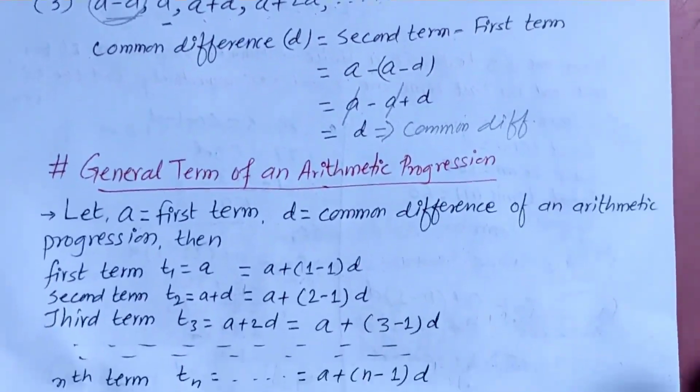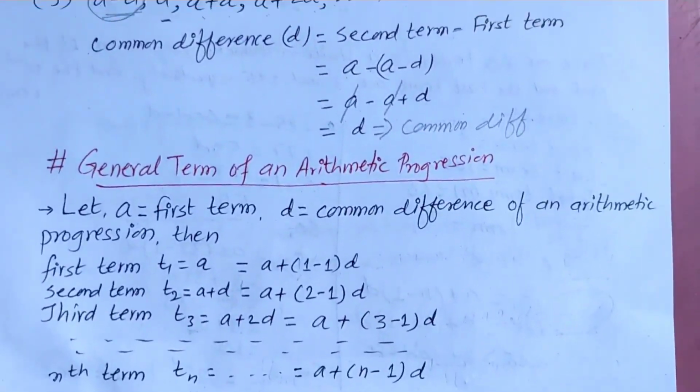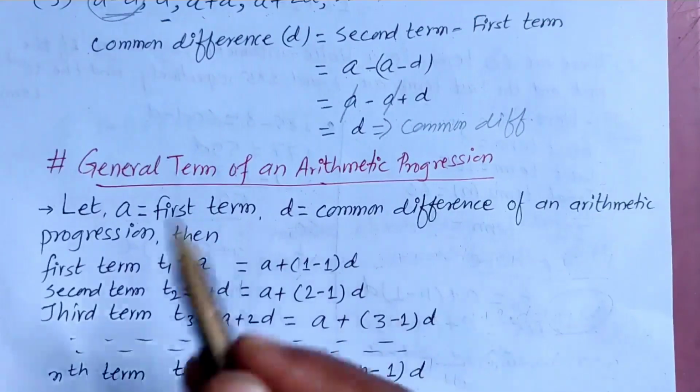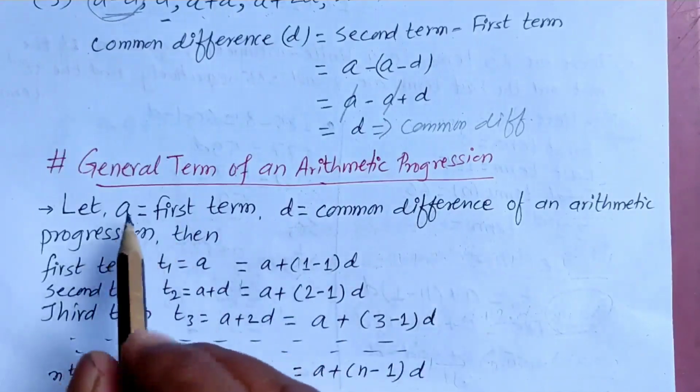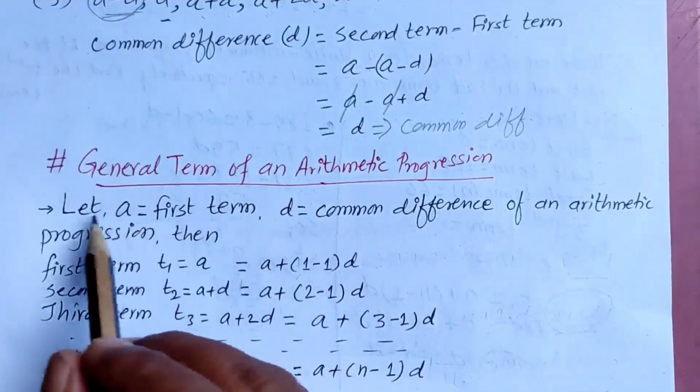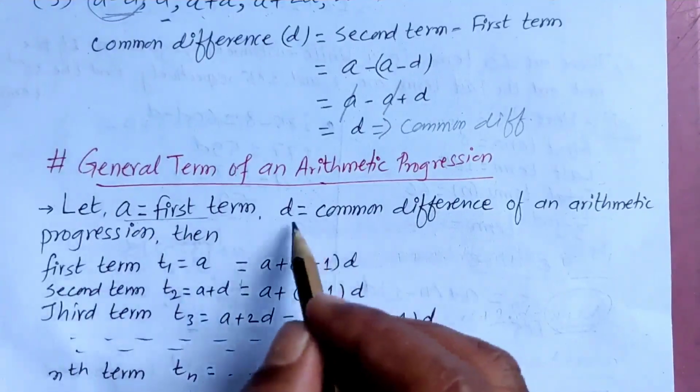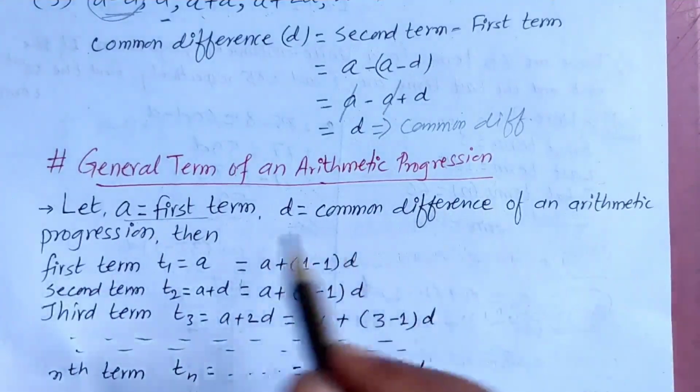Dear students, now we discuss the general term of an arithmetic progression. For this, let A be the first term and D the common difference of an arithmetic progression.